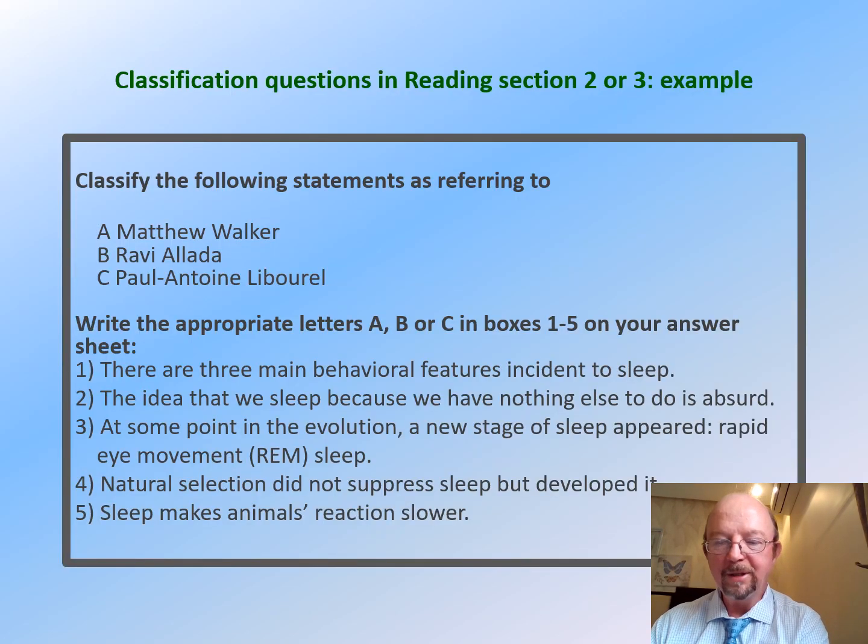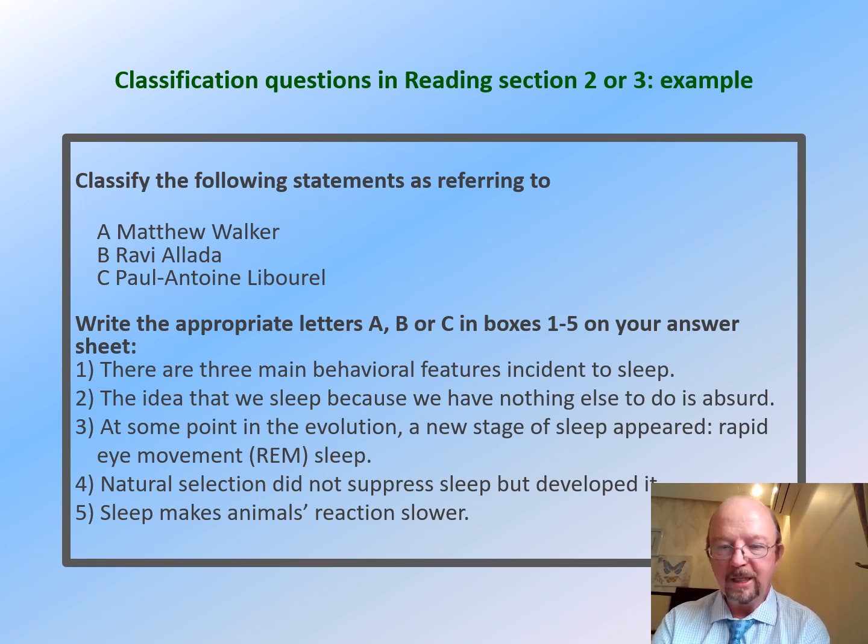As I said, I want to go through the classification questions a little bit, because they are sometimes difficult for students to comprehend and to find the correct answers. This one gives you an example. Classify the following statements referring to three people, whose names are stated there.